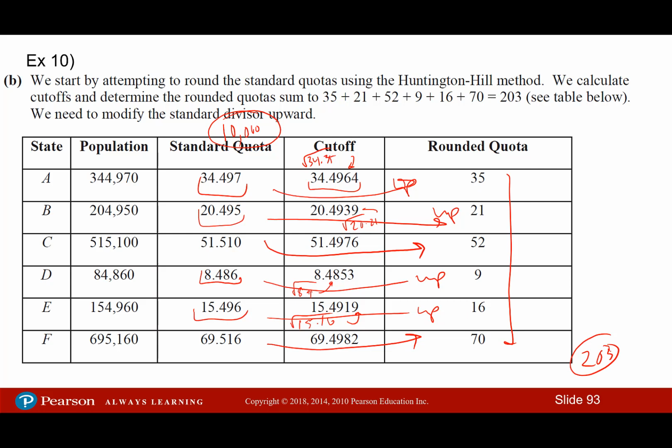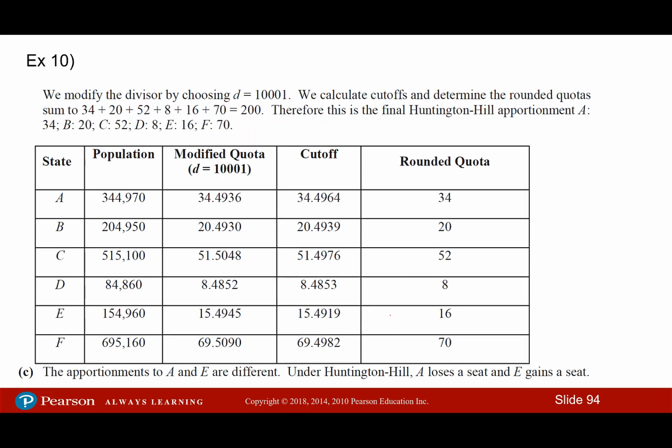But notice it's kind of because of these guys all got rounded up. So they're kind of right on the border, and we need some of them to be rounded down. So we're going to have to modify our divisor. And how much do we need to move? Not that much. So if we modify our divisor by just a little tiny bit, we're going to use 10,001. That's what we're going to use, 10,001.